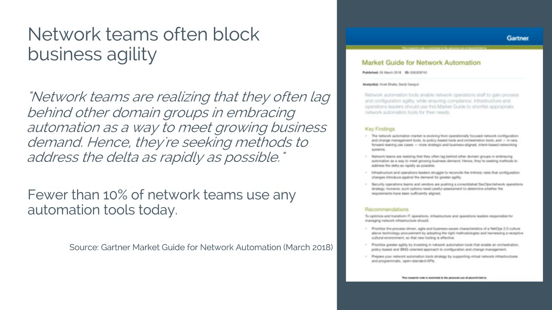And so what often you're doing is you're seeking to address this delta as quickly as possible, because what really sucks for the business is if an application developer or systems administrators have automated all the stuff around the network, and then they're still waiting for a network team to go and make changes manually or go and verify configurations manually. And so network teams are looking to automation to try and not be the blocker for a lot of these groups. And Gartner estimates approximately 10% or fewer of network teams are using any automation tools today.